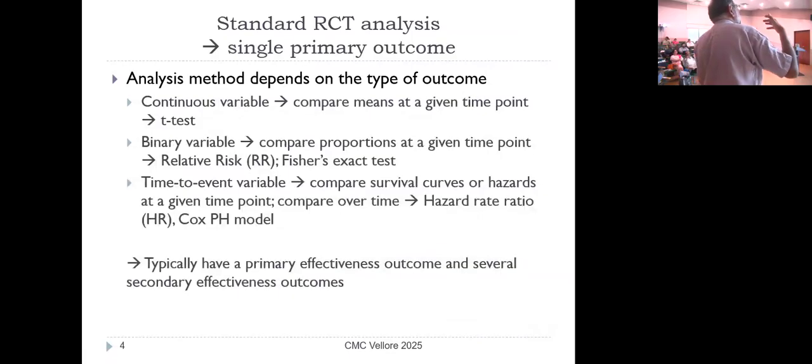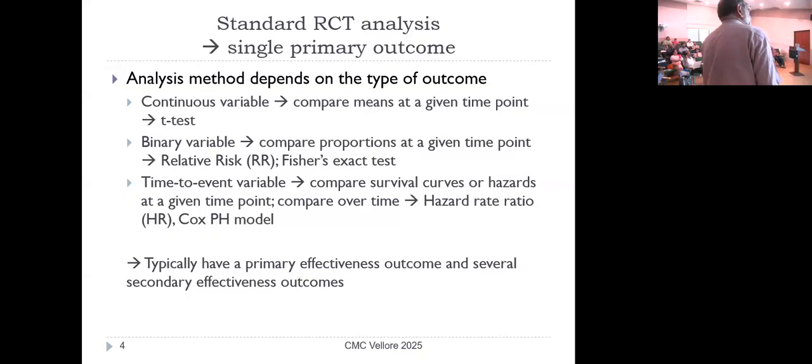And then, depending on the type of the primary outcome, we will have the analysis. It's like every statistical analysis depends on the random variable's distribution. If it's a continuous one, we'll just be comparing the means at a given time point between intervention and control, simple t-test.